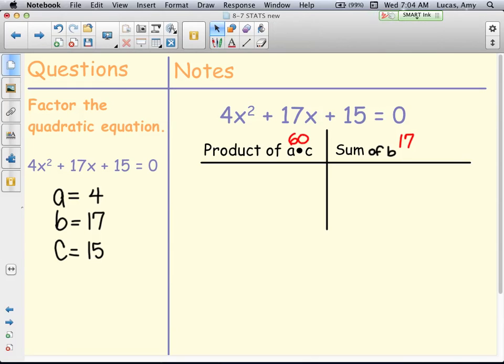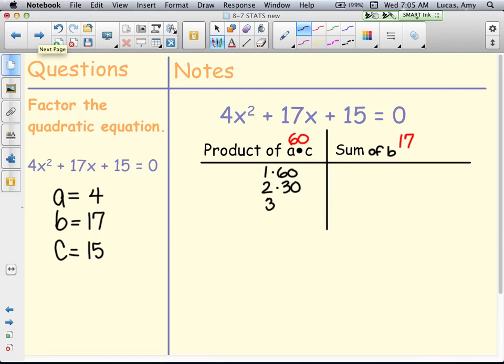Okay, so product of 60 could be 1 times 60, 2 times 30, 3 times 20, 4 times 15, 5 times 12, 6 times 10. I think that's it.